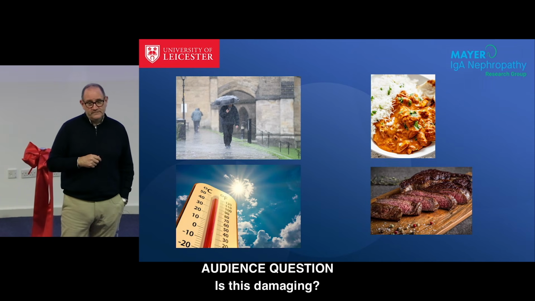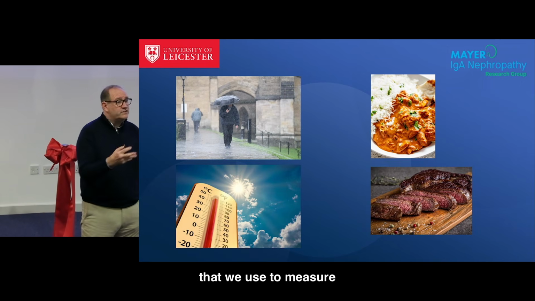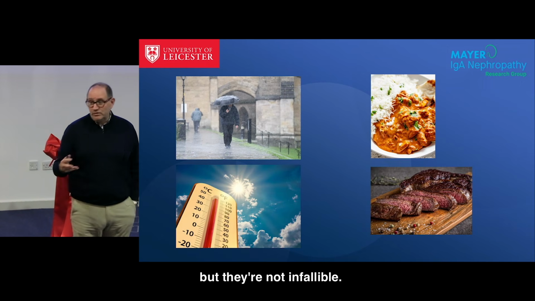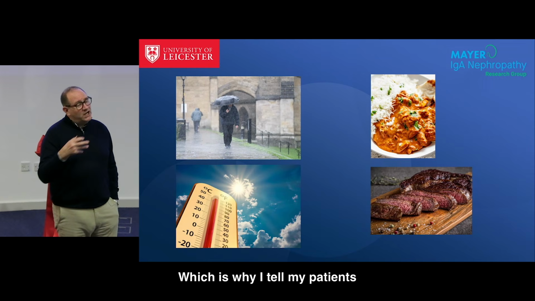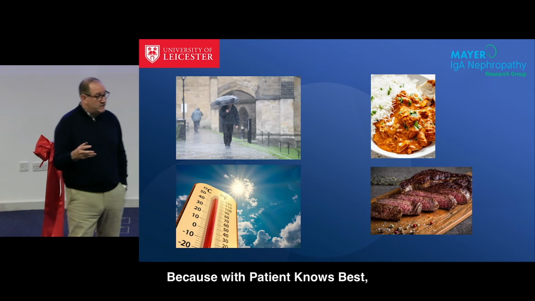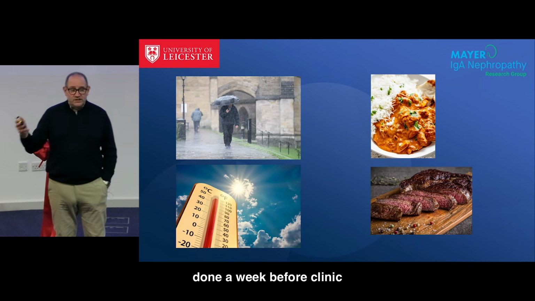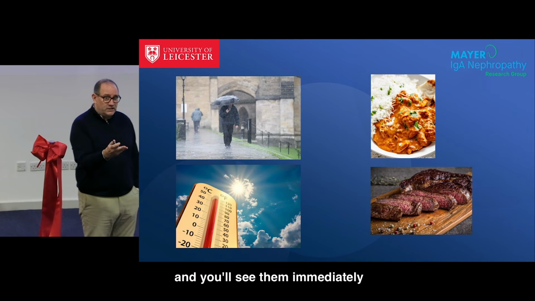Is this damaging? No. It's just that we have these tools that we use to measure your kidney function, but they're not infallible, which is why they need to be interpreted. That's why I tell my patients, please don't get distraught, because with Patient Knows Best, you have your clinic bloods done a week before clinic, and you'll see them immediately on your app.